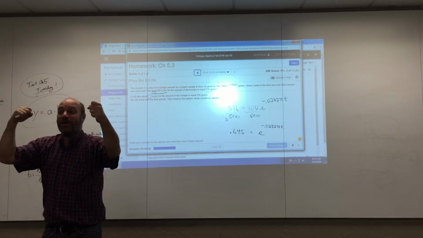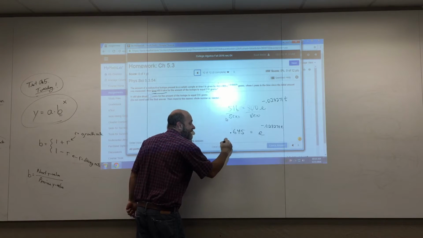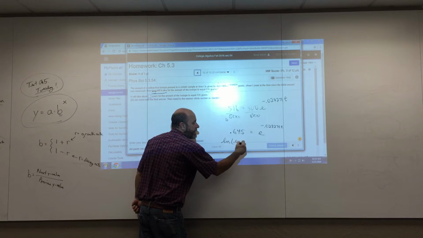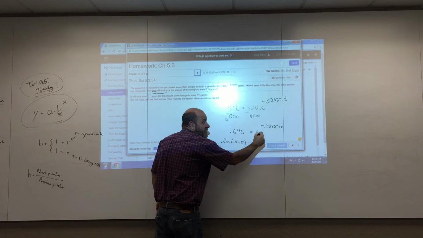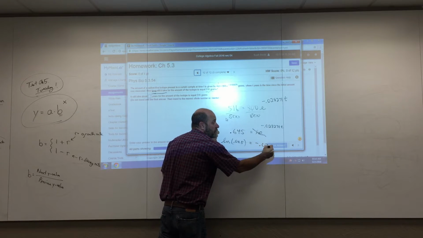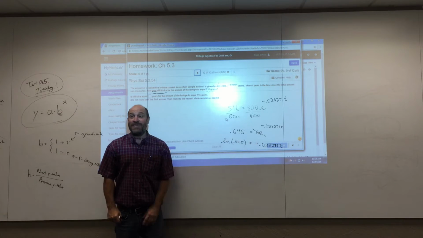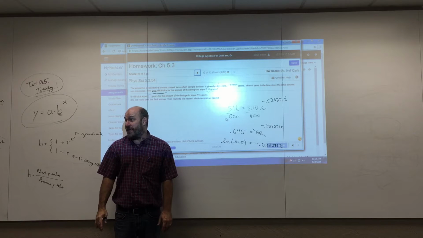ln. You ln both sides. It's so easy and beautiful. You ln this number, and it cancels the e, and you're left with negative 0.028271 times t. Now, how do you solve for t? Divide by that number. So this is the little game here.